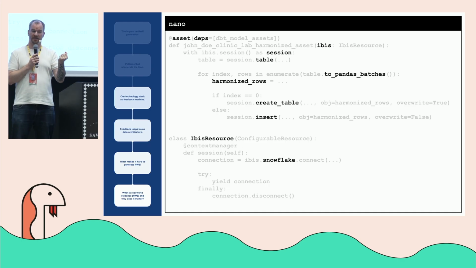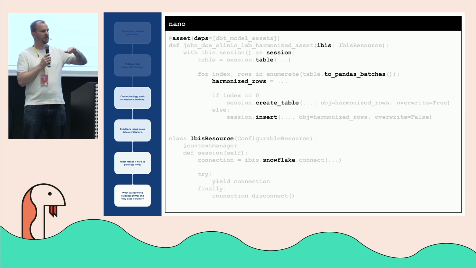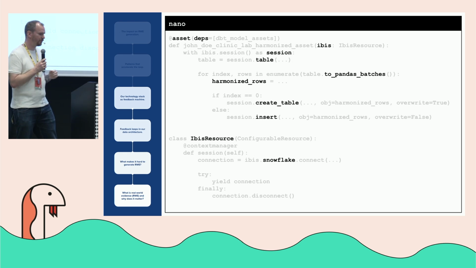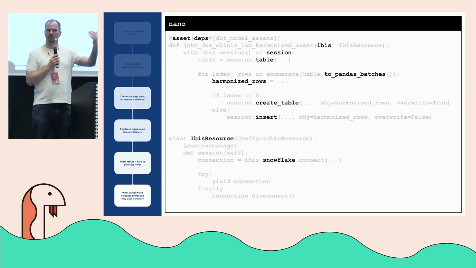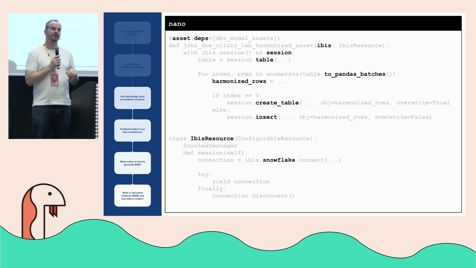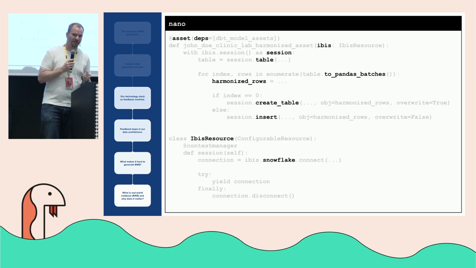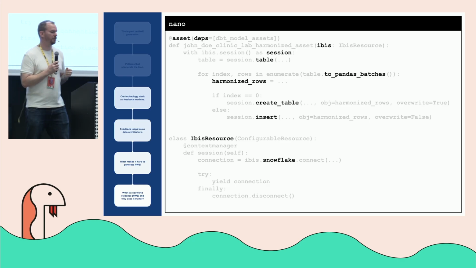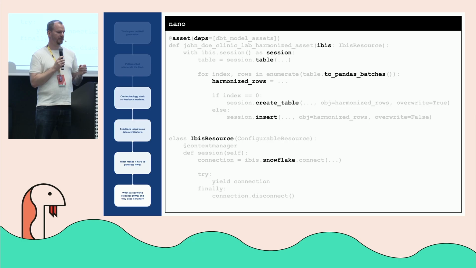We pass an IBIS, as a backend agnostic way to talk to the backend, so in our case Snowflake. We use IBIS to obtain a session, then we create a table expression, so we pre-process the data, filter it, join it, and so on and so forth. And then we load the data into memory in batches, right? Because the table is of course large, we don't want to overflow the memory, so this is like 2 batches.